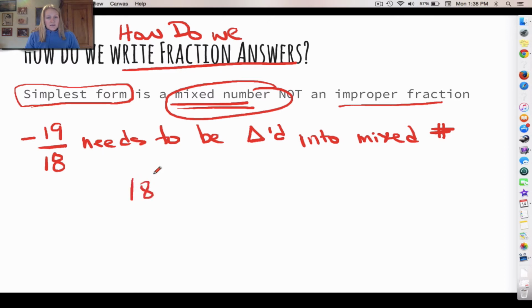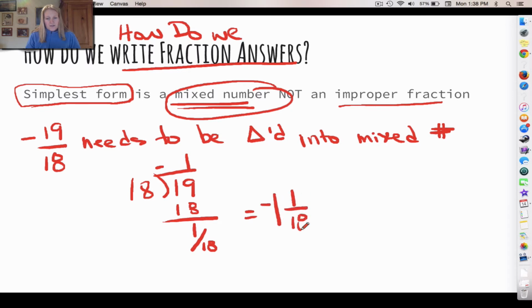You would do 18 divided into 19. You know that it goes in one time. There's a 0 here, 18 and 1/18. So my answer is going to be negative 1 and 1/18. Do not forget those negatives. That would be my final answer.